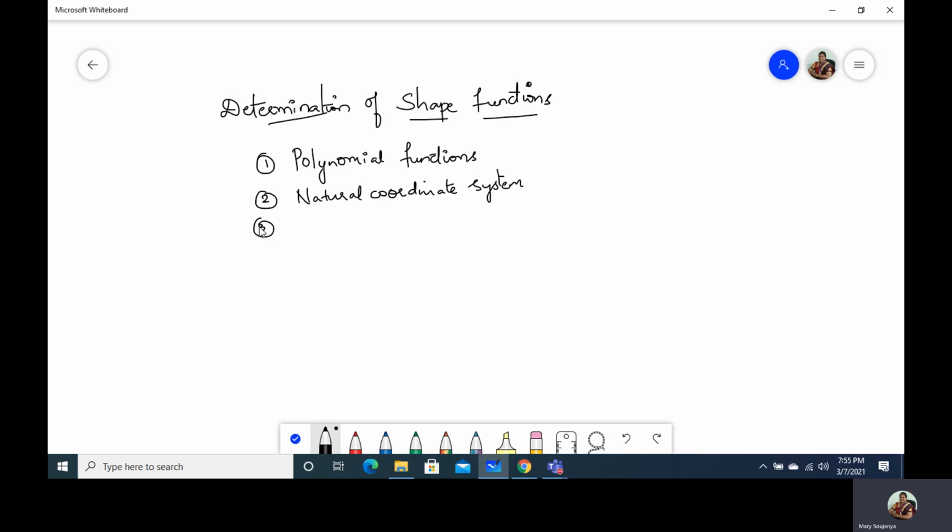When it comes to rectangular elements, or the higher-noded rectangular elements, there are concepts such as Lagrange's concept and serendipity concept.